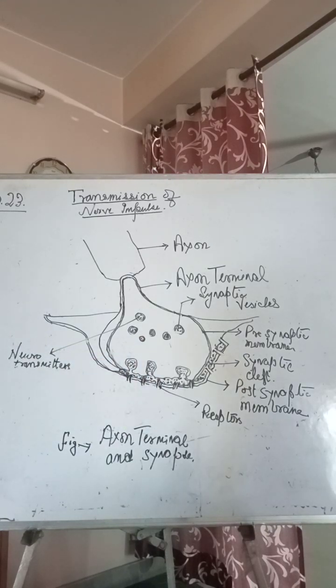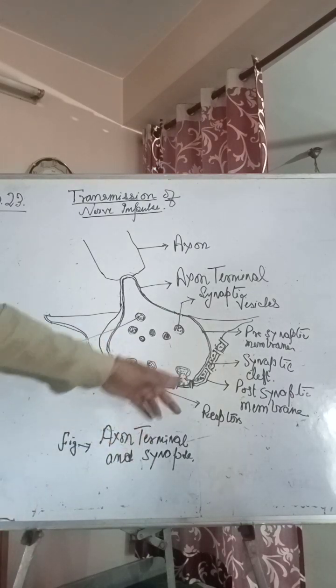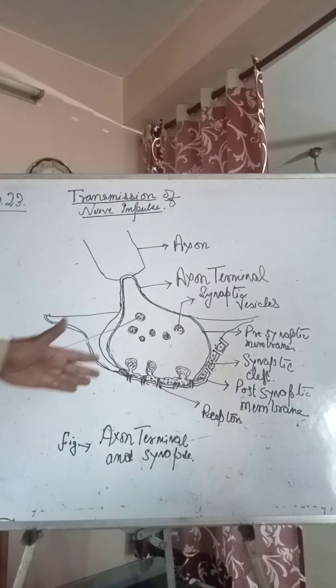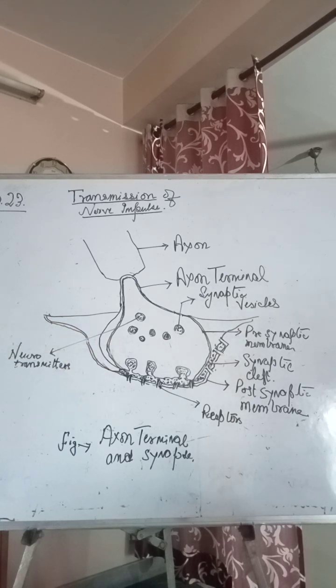These neurotransmitters are passing the impulses to the receptors because they are fusing with the plasma membrane and combining with the receptors in the postsynaptic membrane. This combining of the neurotransmitters with these receptors is leading to the opening up of the ion channels.